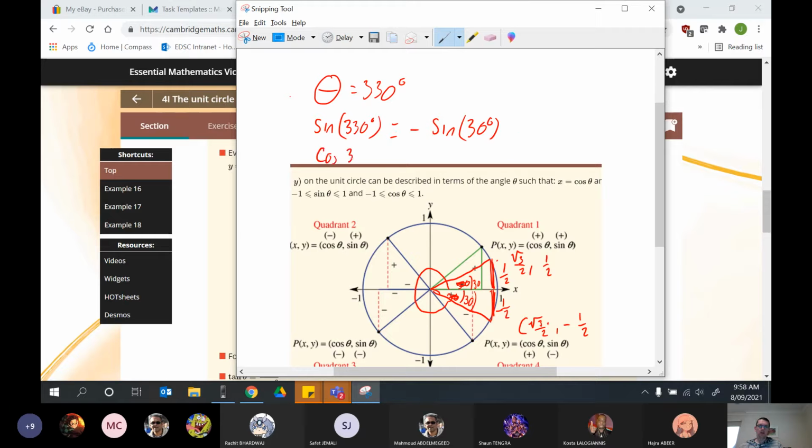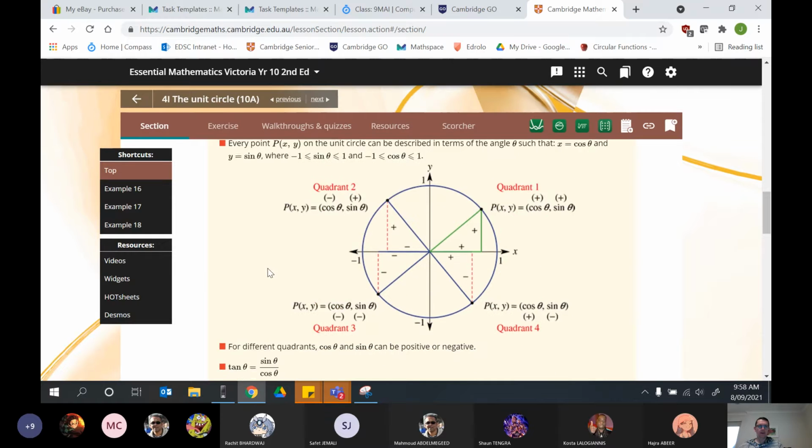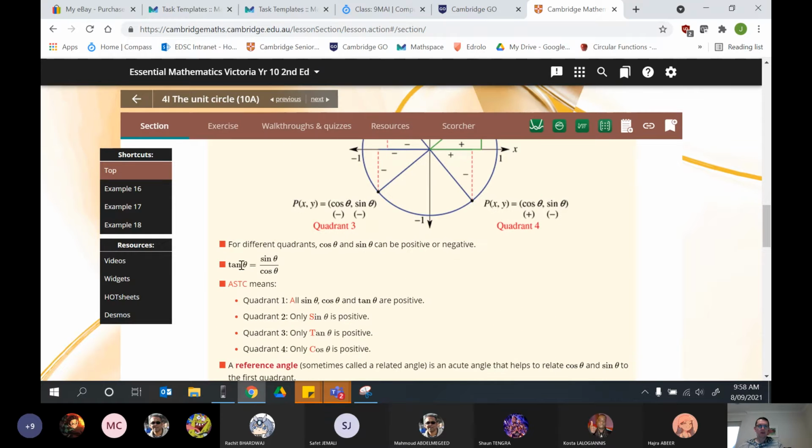Cos 330 would be the same thing as cos 30, because they both give the same value, which is root 3 on 2 for that one. Remember, tan is the value of sine divided by cos.